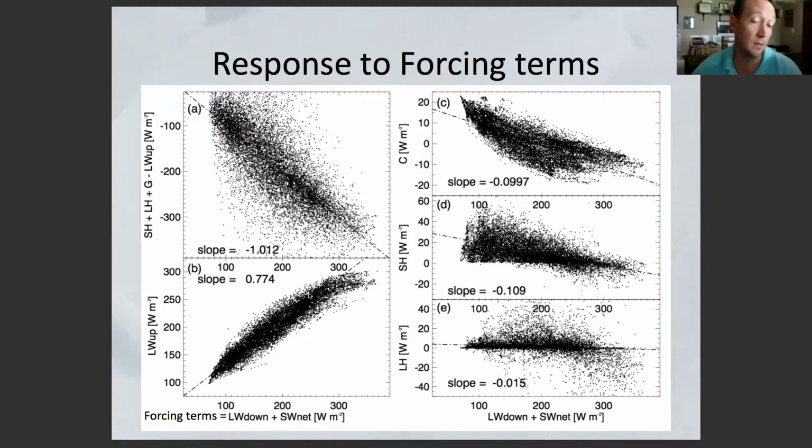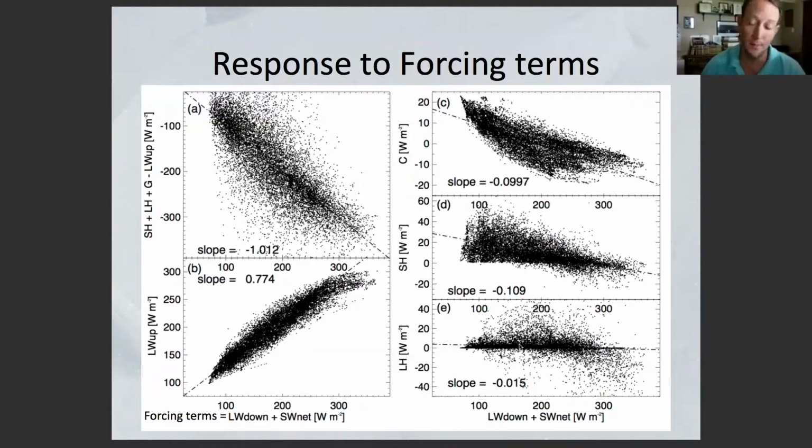You can break this up into the different components, and you see again an increase in the longwave up shown in panel B, and then a decrease in the sensible heat flux, about -0.1 slope, at least on the annual cycle scatter plots, and then a smaller decrease from the latent heat flux.